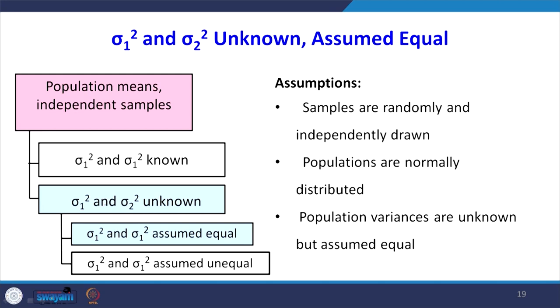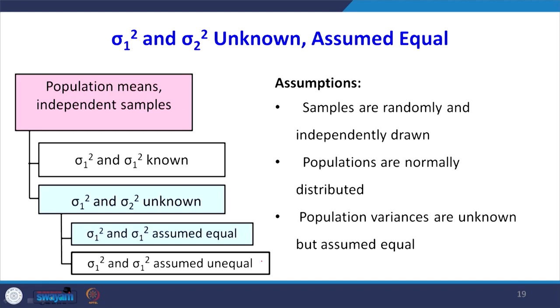So, the second case, the blue one, sigma 1 square and sigma 2 square unknown. When unknown, we are going to make another assumption that they are equal. There is another possibility, unknown but unequal. We will come to that one after some time. First, sigma 1 square and sigma 2 square unknown but assumed equal. What assumptions are we making?